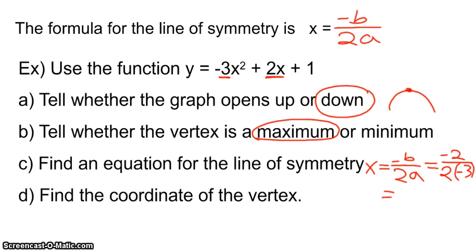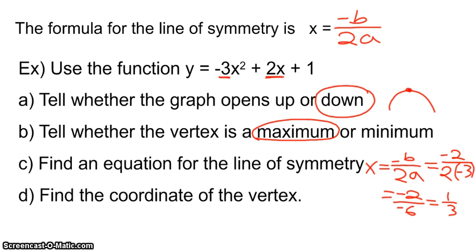Now we will just simplify it and get negative 2 over negative 6. We always know that a negative over a negative turns into a positive, and then 2 over 6 reduces to 1/3. So our line of symmetry is x equals 1/3.